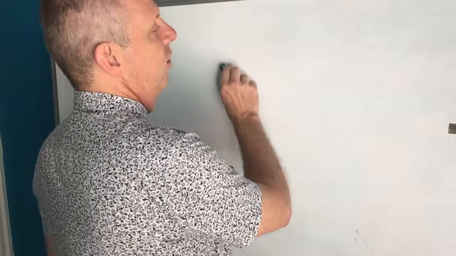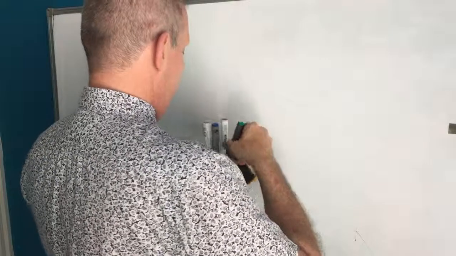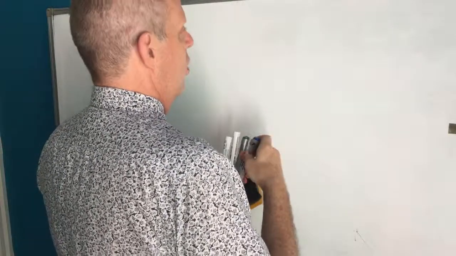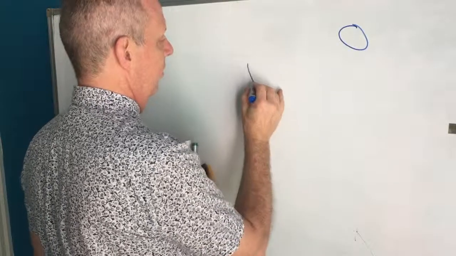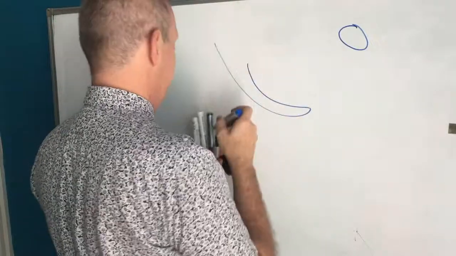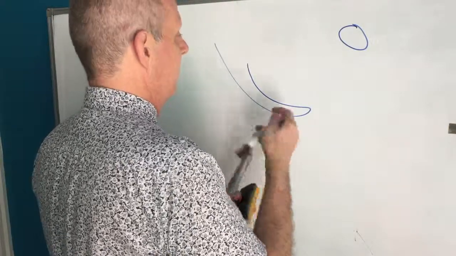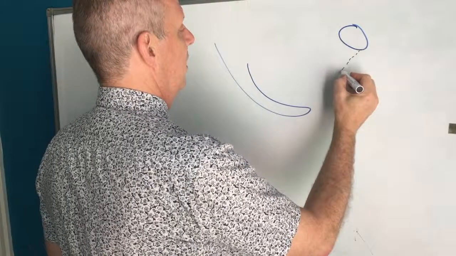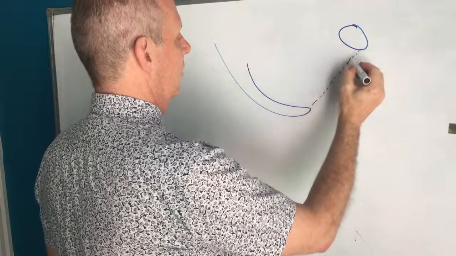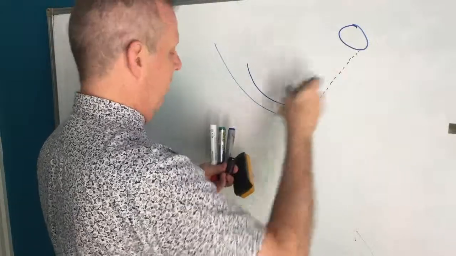If we just look at a slice through the pelvis, imagine this is the pubic symphysis right here, and here is the sacrum and coccyx. We generally have this imaginary line that comes from the pubic bone down to the coccyx, and this is where things have to penetrate.